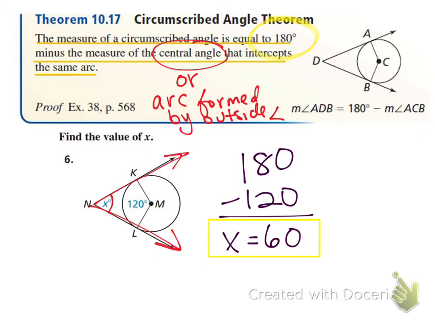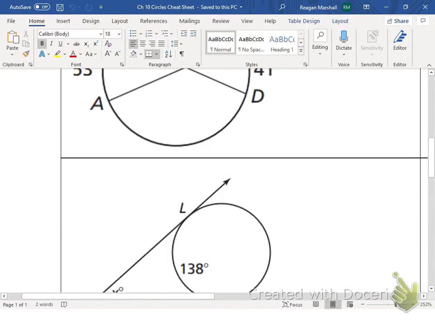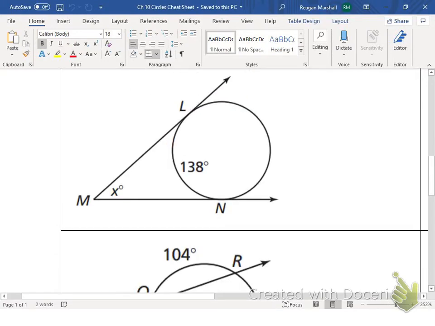Okay, I want you to take out the cheat sheet for a second and explain why it says, or arc formed by outside angle. Okay, so go ahead and look at the cheat sheet. The third line, I believe. So we have an outside angle, right? But we cannot use the formula that we had before, where the outside angle equals 1/2 times the big arc minus the small arc.